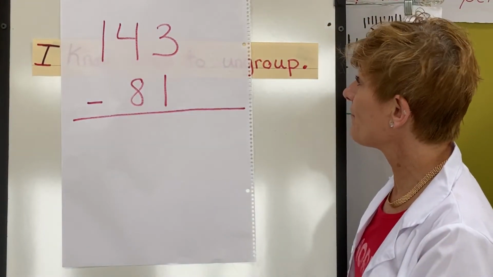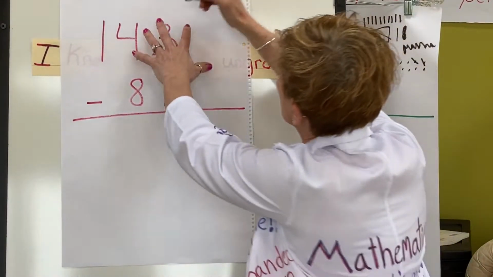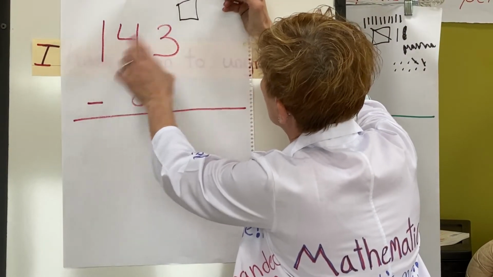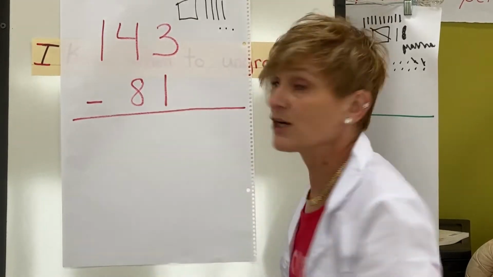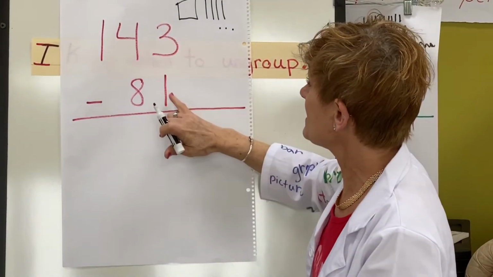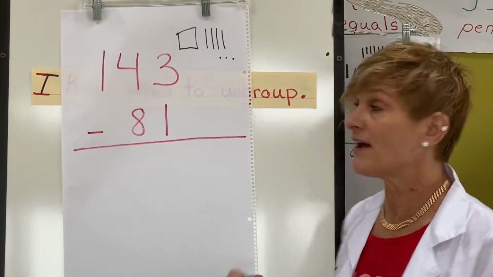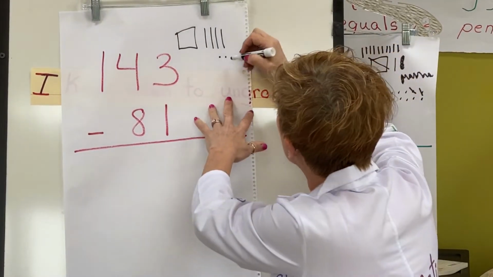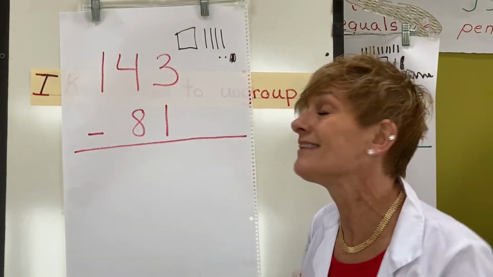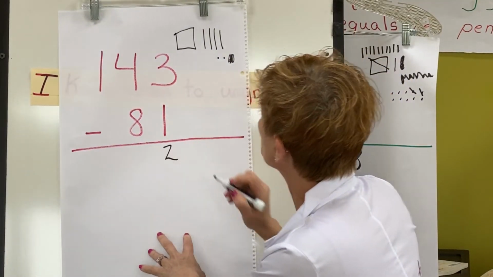So here we go, my friends. I can make a picture. I have a 100, 4 tens, and 3 ones. 3, take away 1. Friends, I can get 1 out of there. There's 3 of them. I'm going to take 1 away. I'm left with a 2.